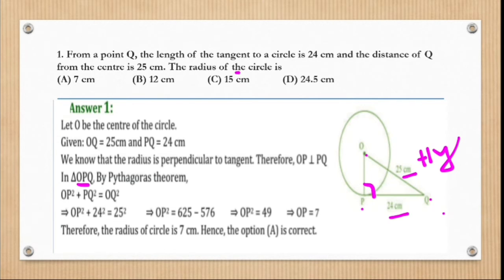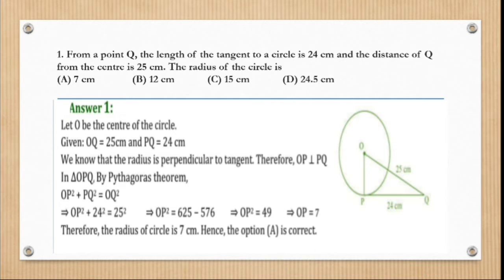So you can write OP square plus PQ square is equal to OQ square. Put the value of PQ and OQ, 24 and 25 respectively. You will get the value of OP as 7. So option 1 is correct. The radius of the circle is 7 centimeter.